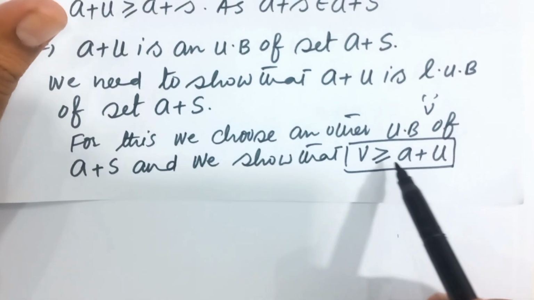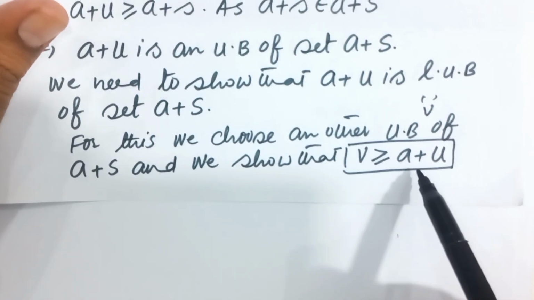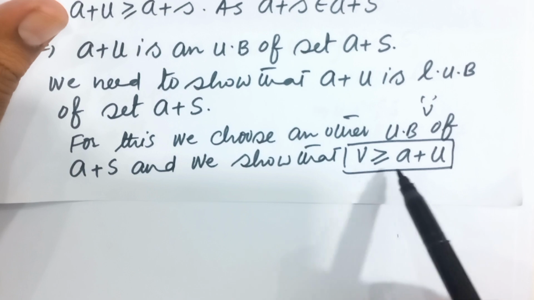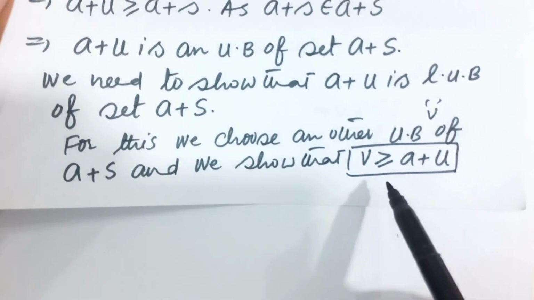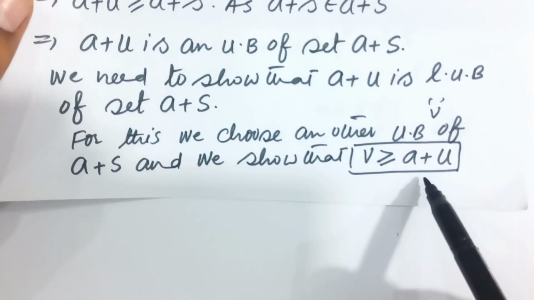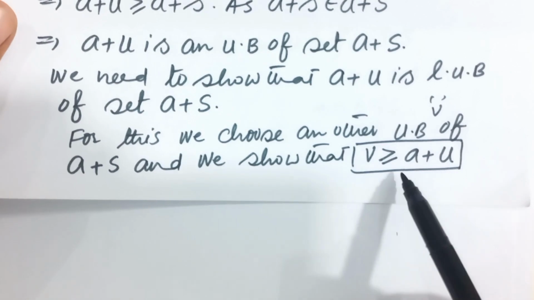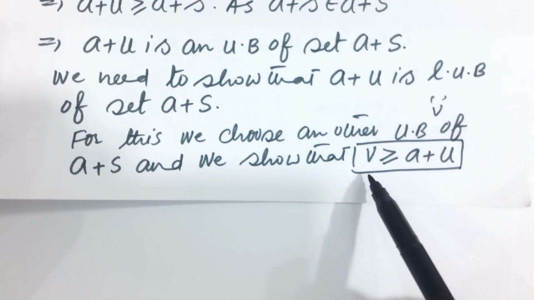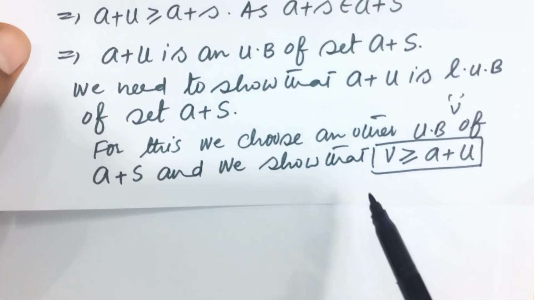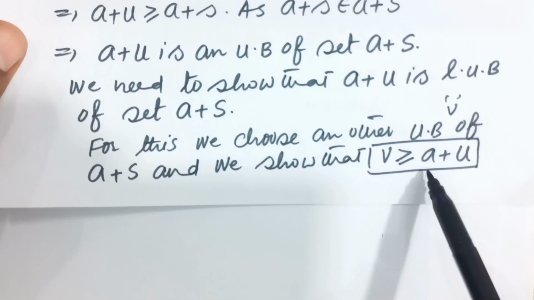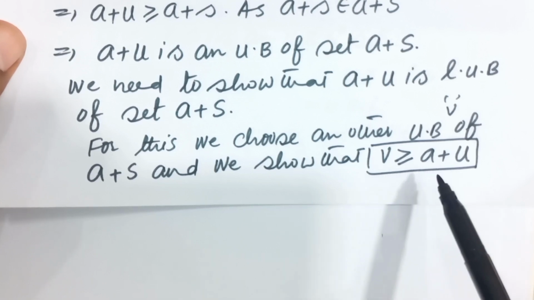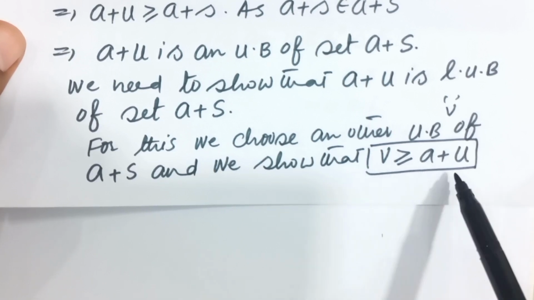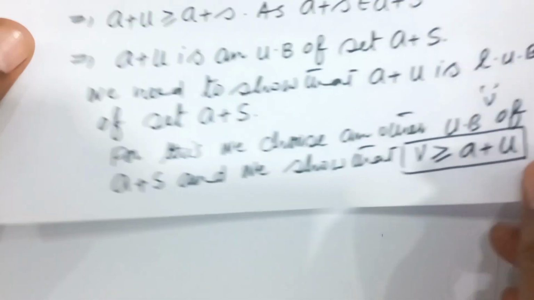V is another upper bound which is greater than or equal to A plus U.